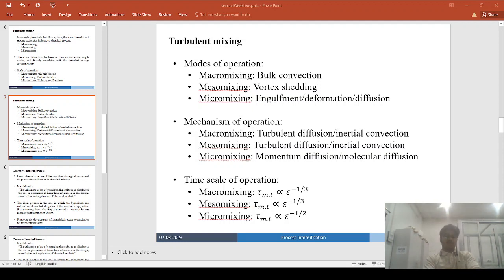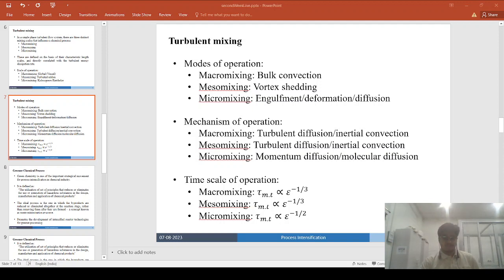And the time scale of operation for macro mixing is directly proportional to the turbulent energy dissipation rate epsilon to the power of inverse 1/3. So here epsilon is the turbulent energy dissipation rate. The mixing time, tau MT, where MT represents mixing time, is inversely proportional to the turbulent energy dissipation rate.